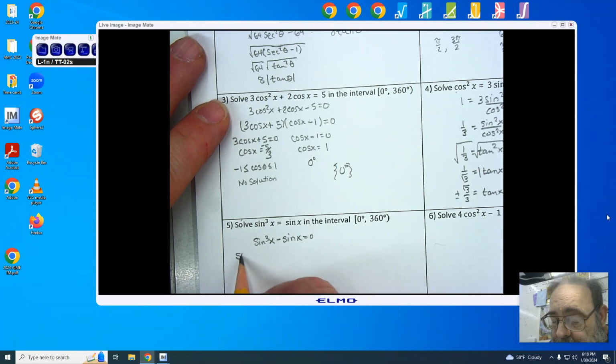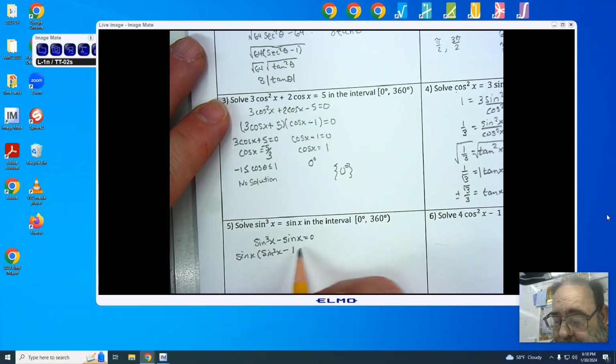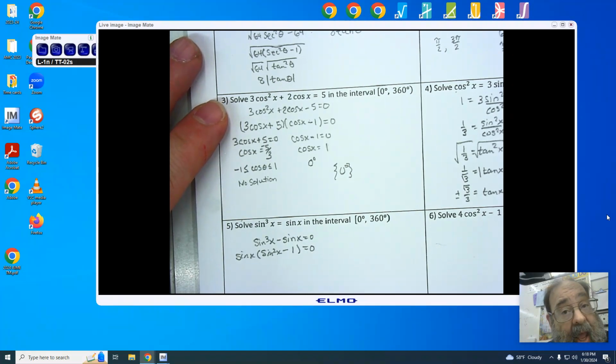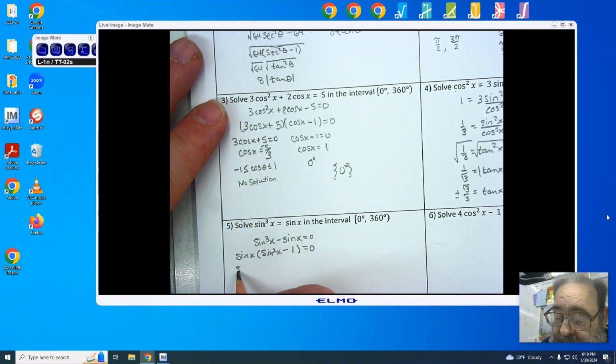When I factor out the sine of x, I notice that I am left with a difference of squares. Therefore, I'm going to go ahead and factor it into (a plus b)(a minus b). This is the sine of x times (sine of x minus 1) times (sine of x plus 1).